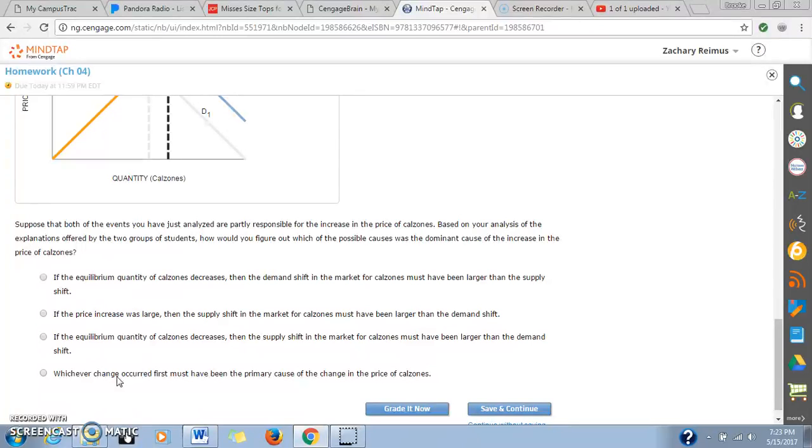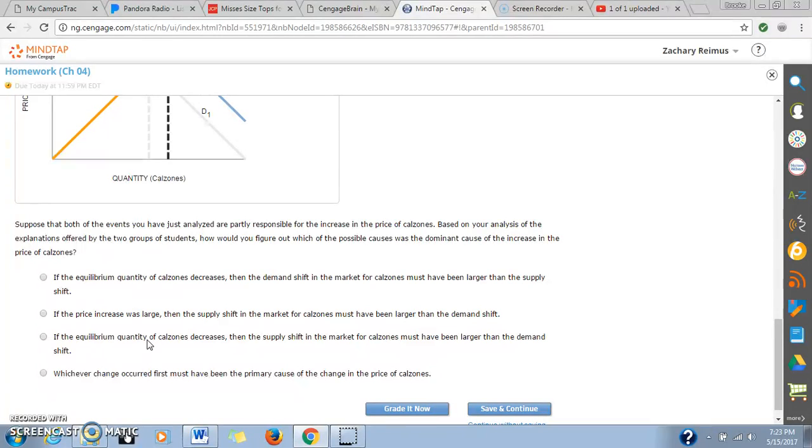Now, whichever change came first, that'd be important if one affected the other, but the two changes are completely irrelevant of each other. The price of beer doesn't really affect the fact that people are leaving. So that means the equilibrium of our quantity is changing.